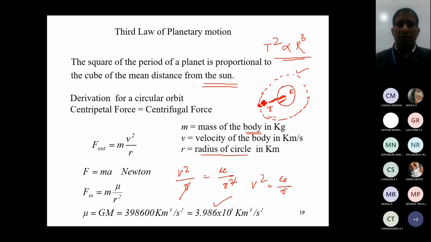Suppose Earth is moving around the sun, the same planetary motion is applicable for Earth. When the moon is orbiting around Earth, the same is applicable for the moon. And when satellites are moving around Earth, it is also applicable for them.